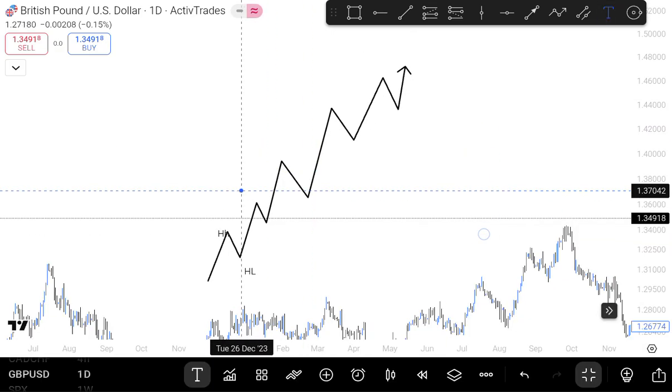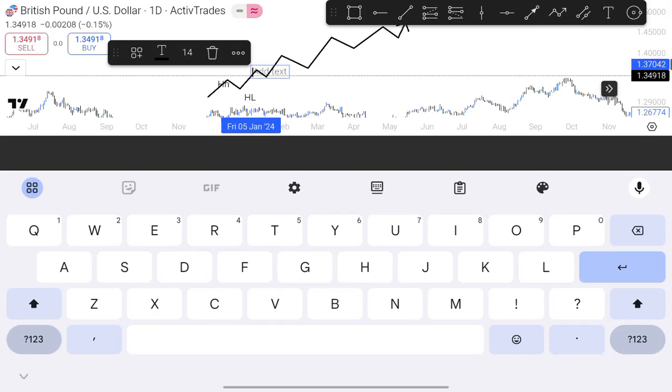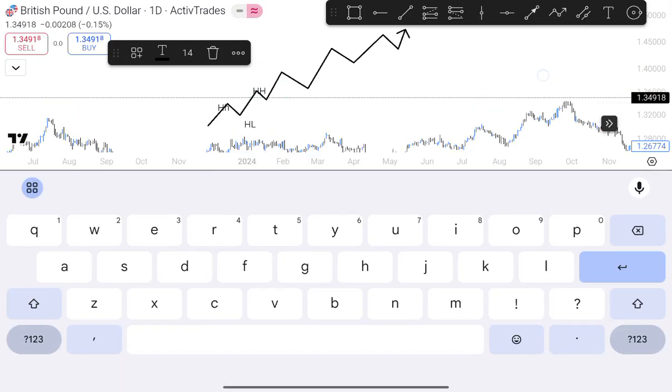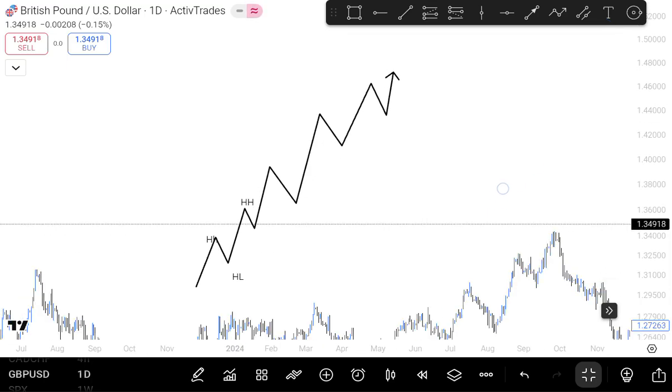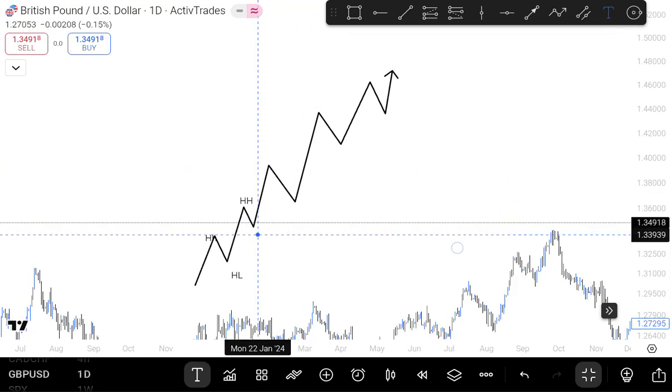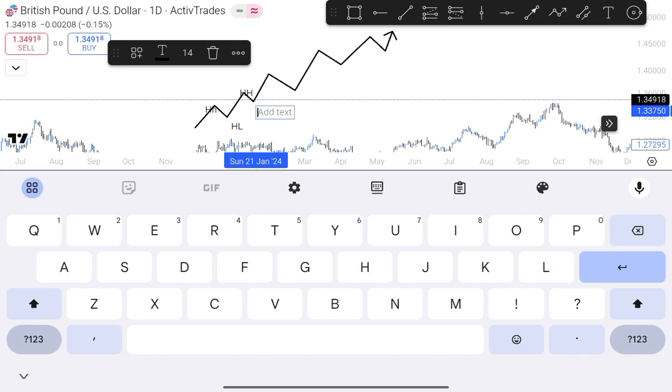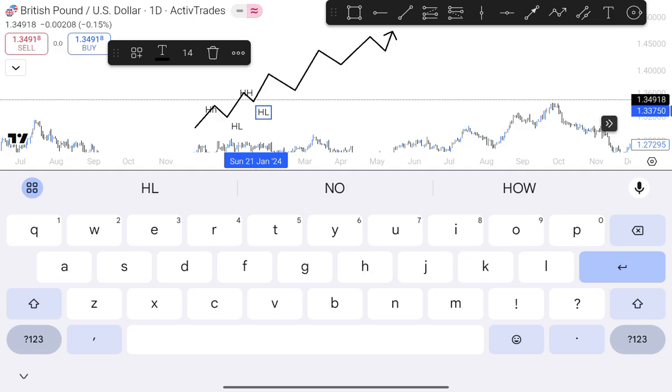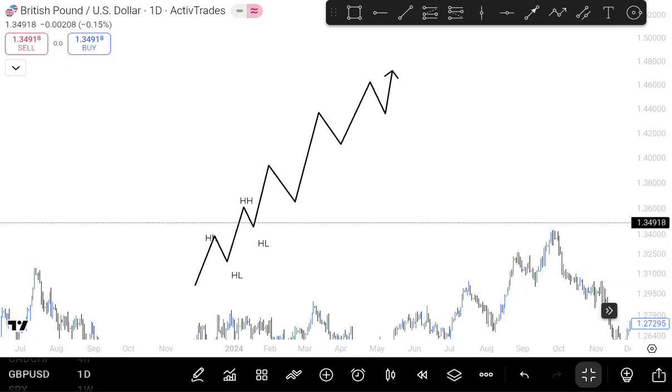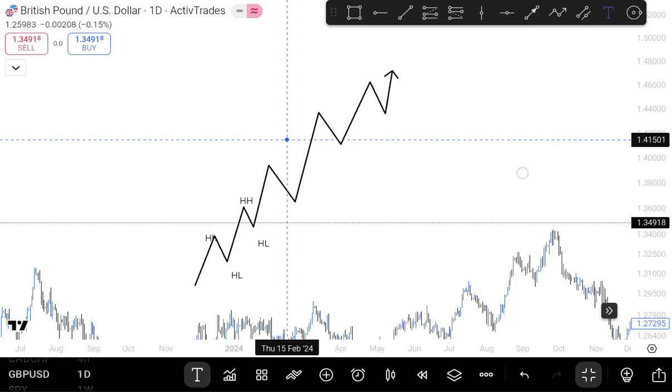This is our higher high. This is our higher low. If you remember, I said an uptrend market will be having higher highs and higher lows.